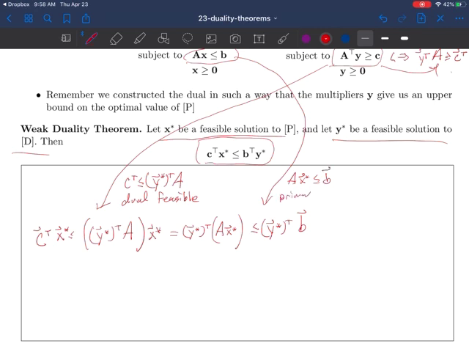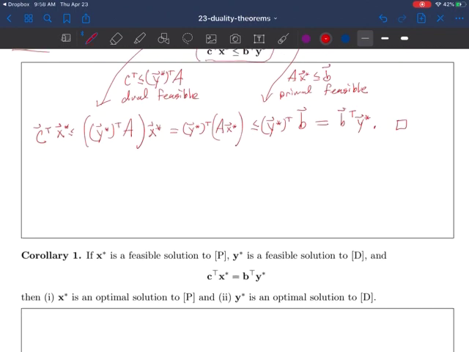And this used the fact that A x star is less than or equal to b, which is primal feasibility. Okay, and of course that's exactly what we want because this is equal to b transpose y star, which is the statement of the theorem.